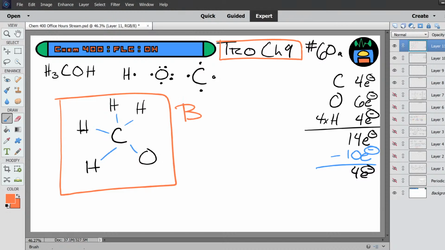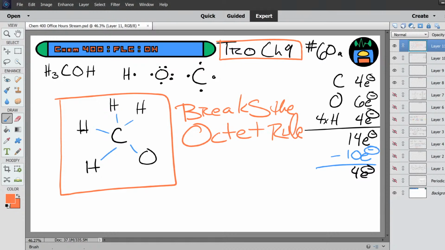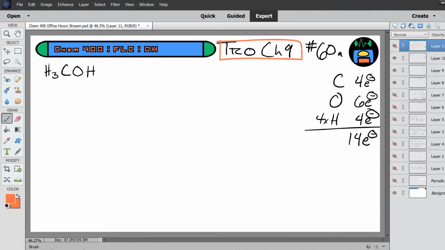This breaks the octet rule. Carbon can never make more than 4 bonds. So with this molecule, we can't actually attach everything to our central atom. We have to take a more measured approach.